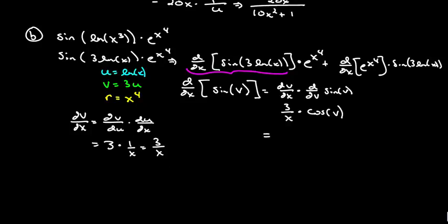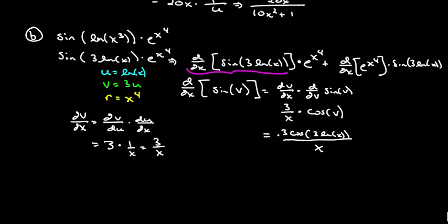So doing my replacing here, I get 3 times the cosine of v, which is 3u, over x, like that. Okay. So we've got the cosine of 3 times the natural log of x times 3.